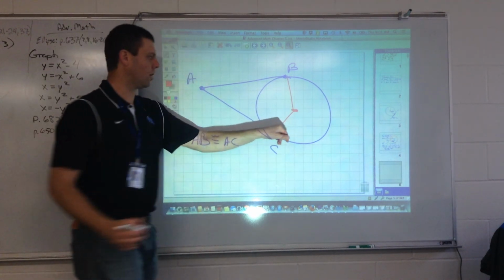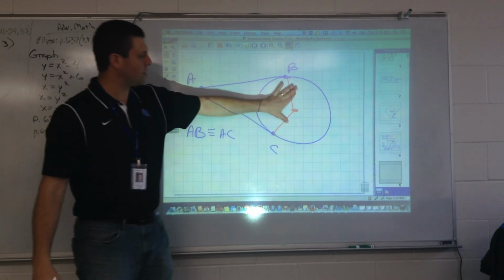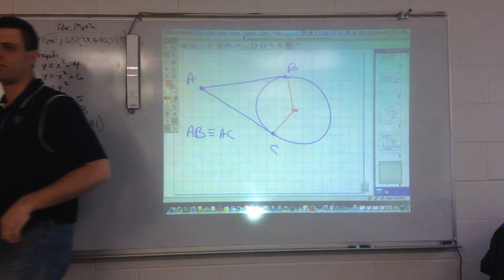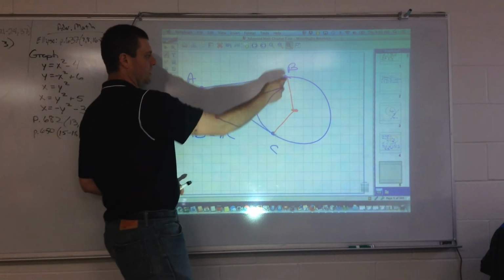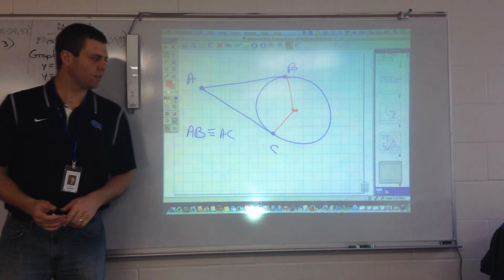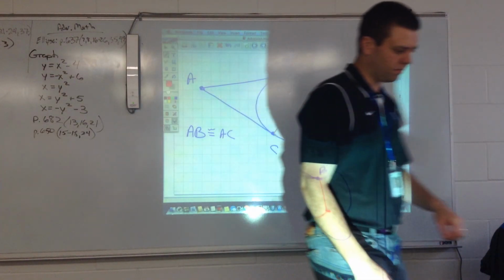Wouldn't those also make a 90, assuming my picture is drawn to scale? Yeah. Okay? And if these two lengths are the same in blue, and those two lengths clearly are the same in red, what type of quadrilateral is that? Kite. Yeah, it's a kite. This would be 90, this would be 90. And you got a kite. So, that's Theorem 10.2.